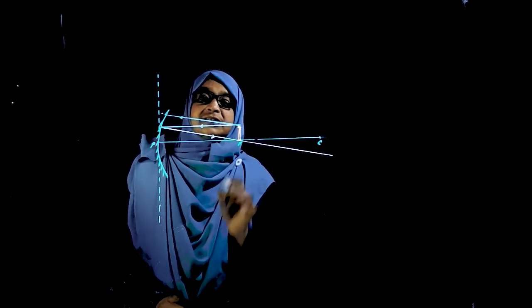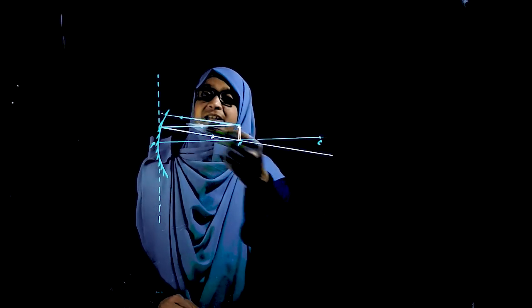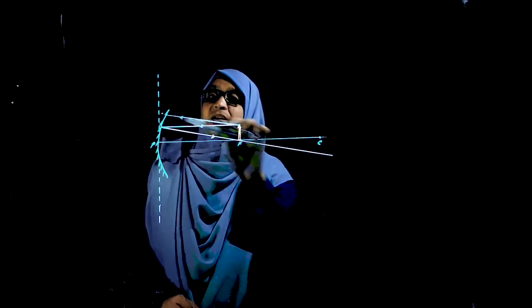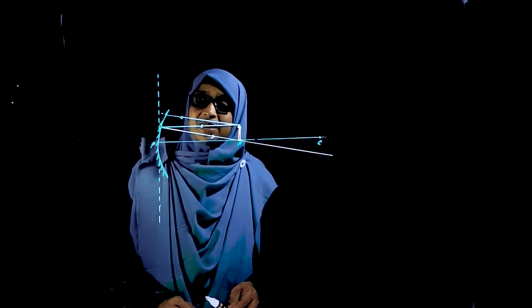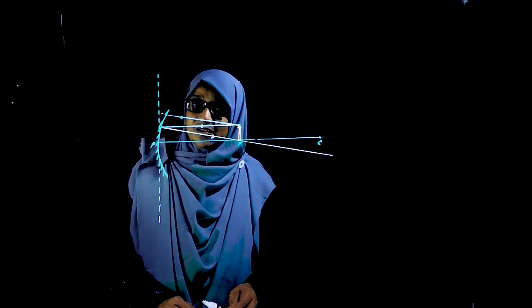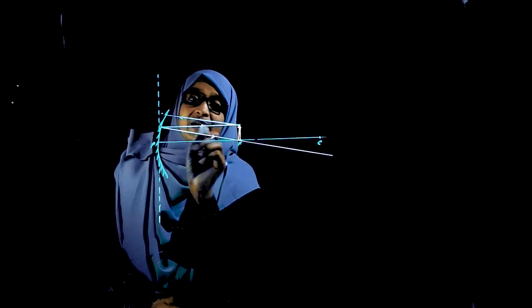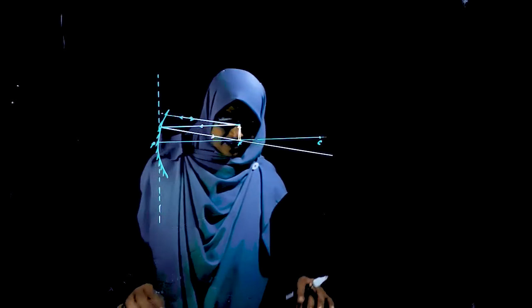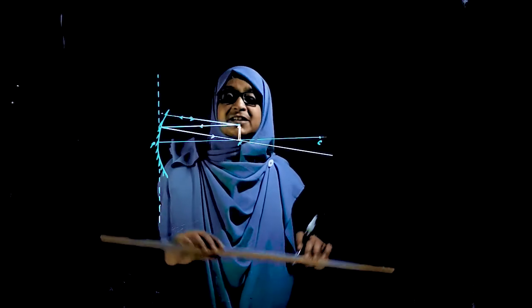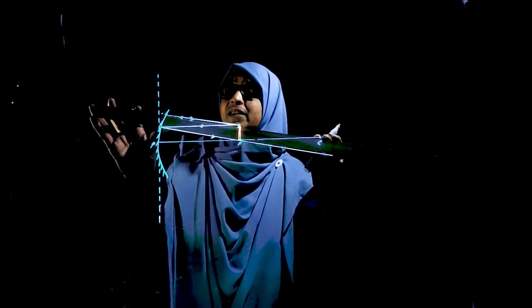Now, how does this reflect? This is from the center, so it is along the perpendicular line. The ray is on the normal. So, the ray reflects back along the same path. So, mark it. Draw the reflecting ray, same path.